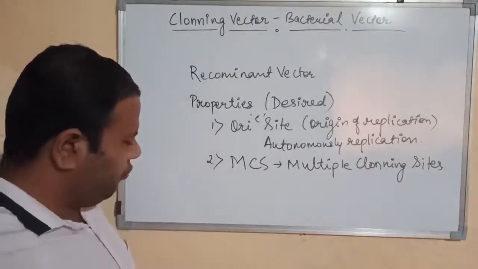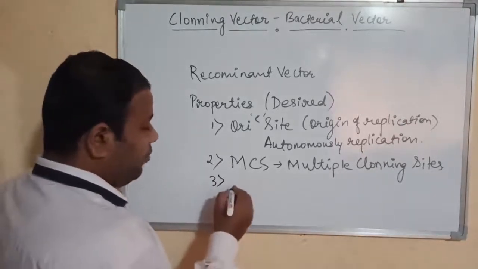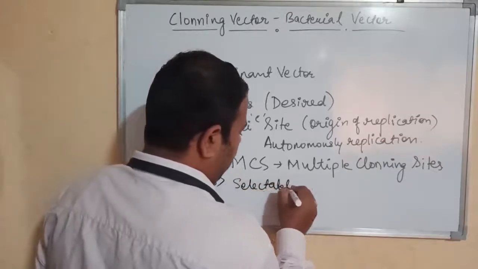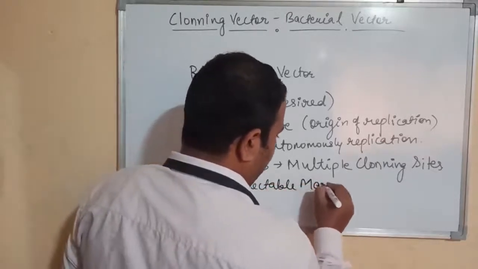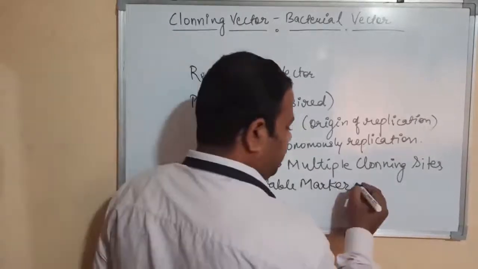The next important feature that a vector should have is the presence of a selectable marker gene.